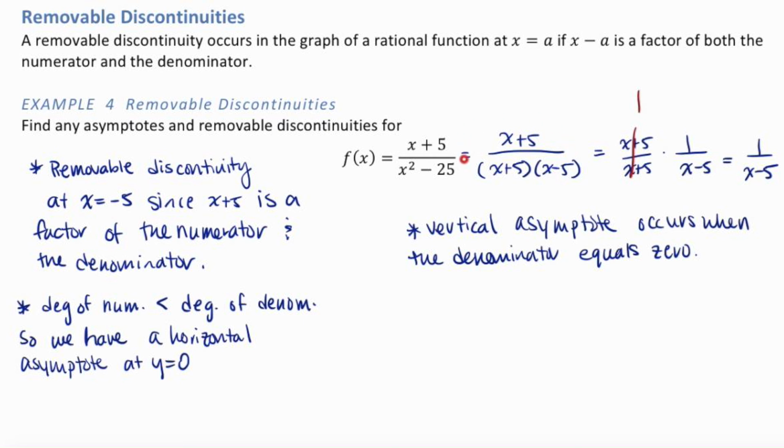If we use this version, we'll incorrectly identify this as one of the factors of the denominator. But we've already counted this towards our removable discontinuity, so it is no longer going to make up an asymptote. So we have x minus 5 equals 0, which tells me there is an asymptote at x equals positive 5.